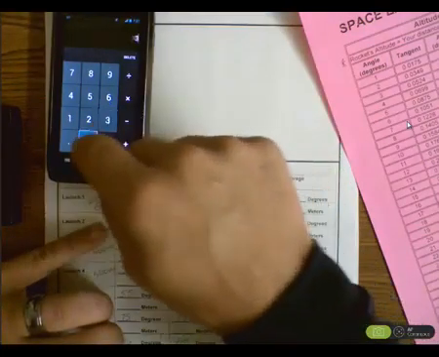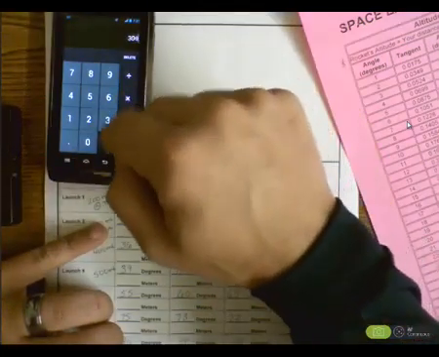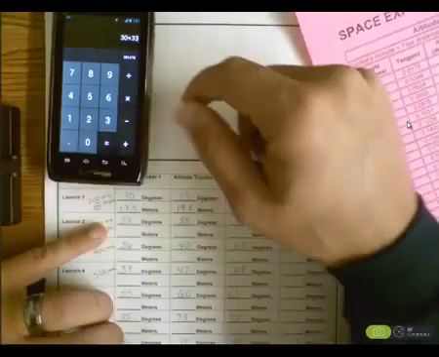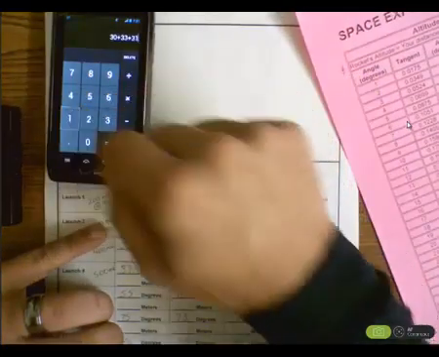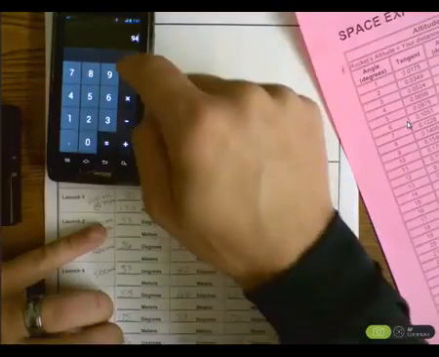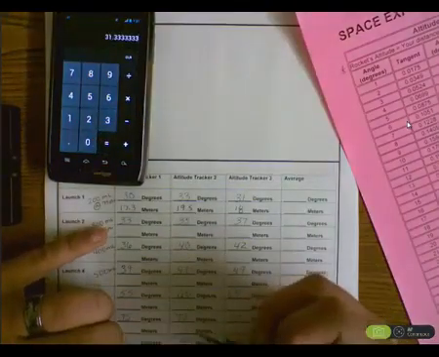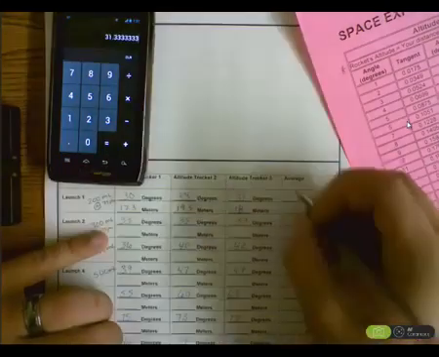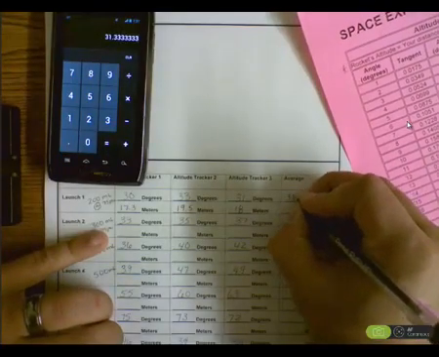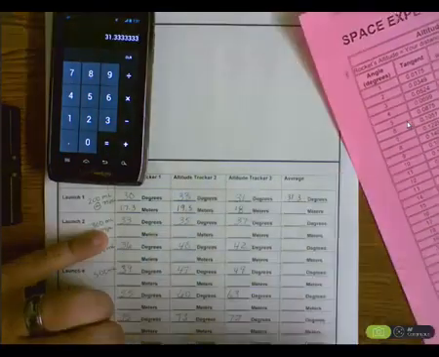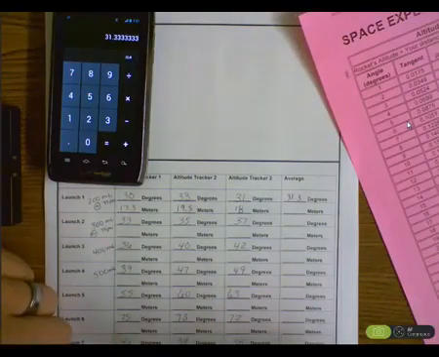So 30 plus 33 plus 31 equals 94, divided by 3 equals 31.3. So 31.3 degrees is my average.